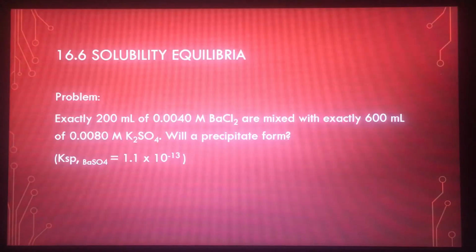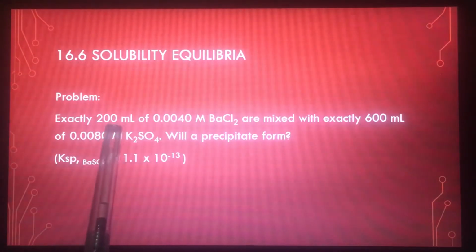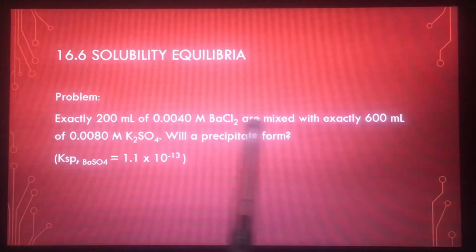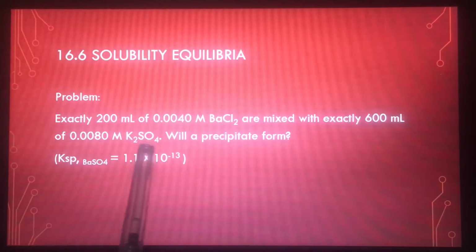Will a precipitate form? The KSP of the produced precipitate, which is barium sulfate, is given as 1.1 times 10 to the negative 13. In this problem, first you need to know that we are adding two solutions, so we have 200 ml of this and 600 ml of that.